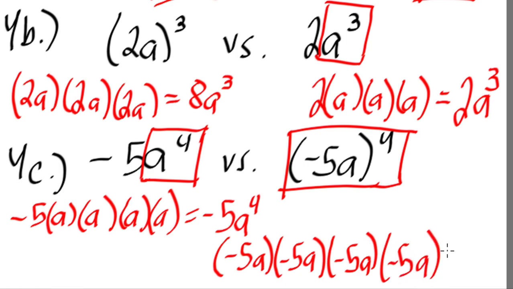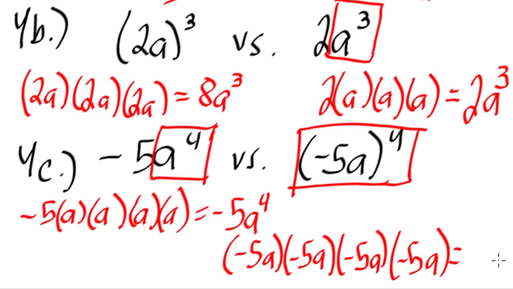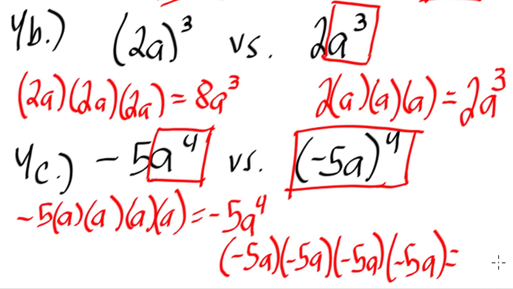Now, for sure we'll get a raised to 4. That's non-negotiable because we're multiplying a's 4 times. But how about the 5? So we will multiply 5 times 5 times 5 times 5. So we know 5 times 5 is 25, this is 25, this is also 25. So 25 times 25, or 25 squared, what's that?